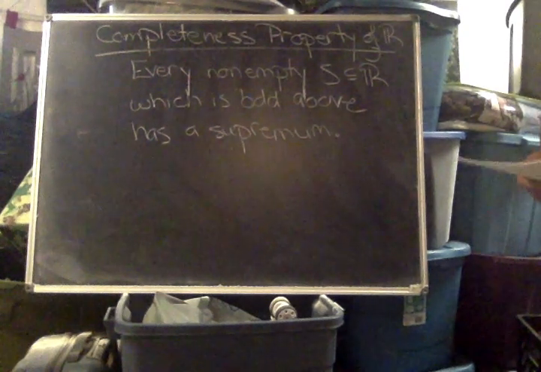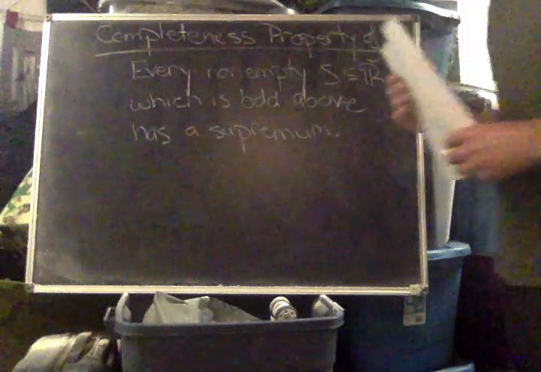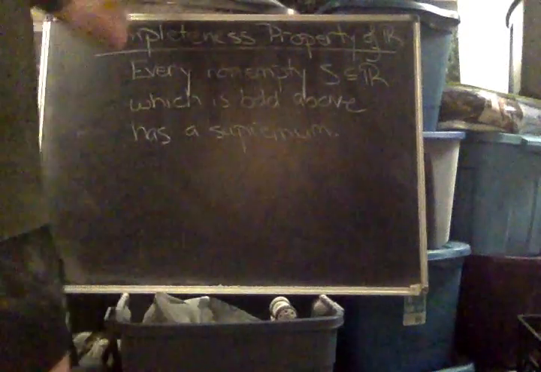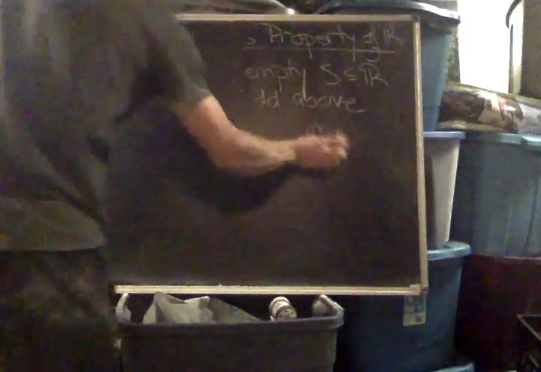Okay, so then section 2.4 really only has a couple of things we need to cover. These are direct applications of the completeness property for R. Section 2.4, applications.